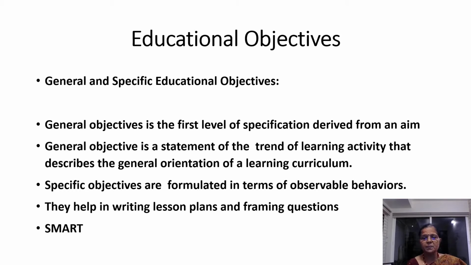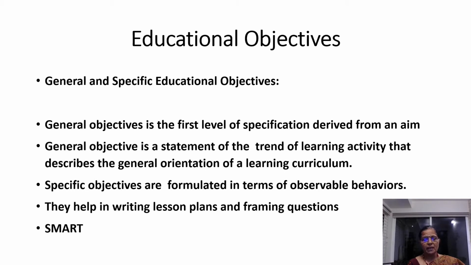And among these three, the general objective is a statement which shows the trend of the curriculum. So they are so broad and the scope is so wide that they show where the education is going, what the activities are about. On the other hand, the specific objectives are very specific and they come under general objectives, and they are always formulated in terms of observable behavior.